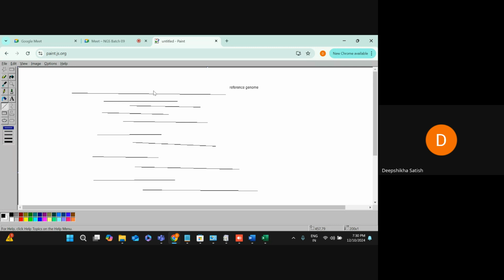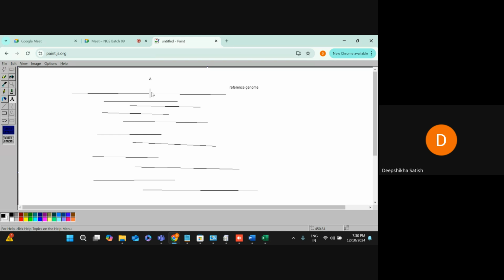So what I saw on this, maybe on this 20th position on this reference genome, I'm having what? The adenine. That is capital A on this reference genome. Okay.